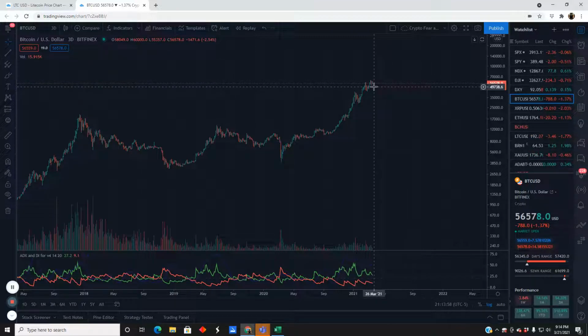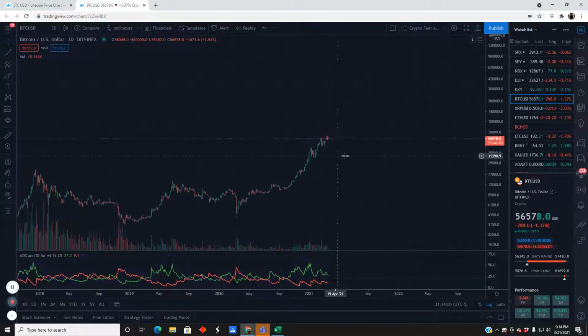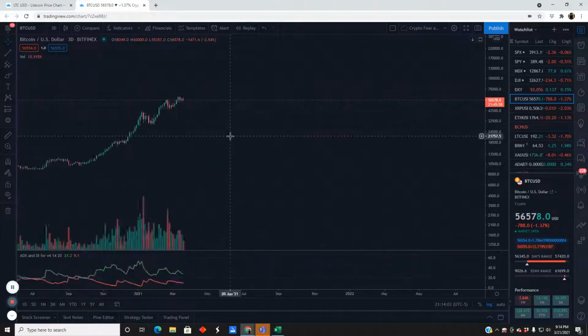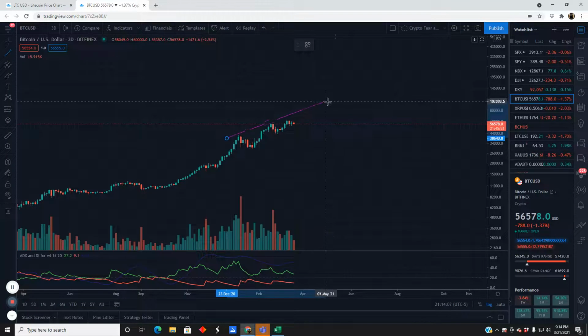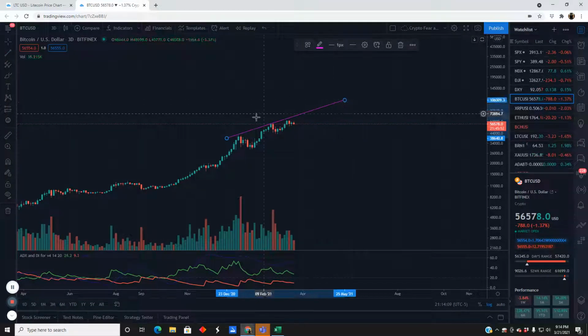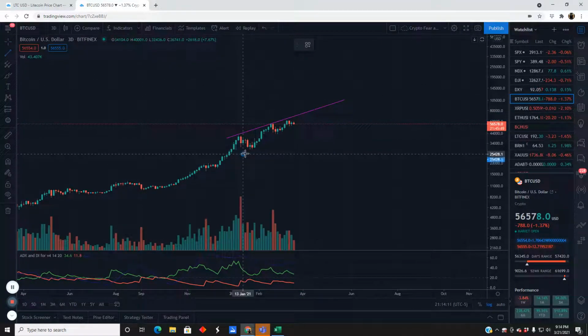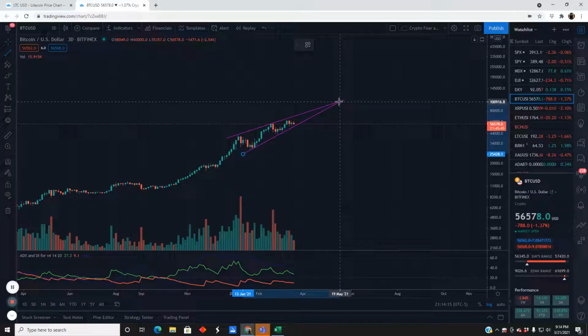But like I said, if we break that pennant that we're in, and we start closing daily candles below this pennant, I have to look at other indicators as well, but that could be bad if we break through.